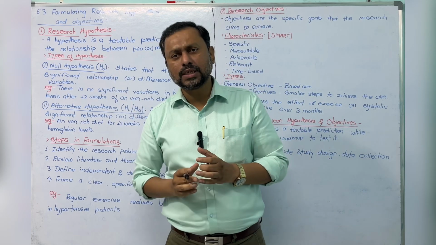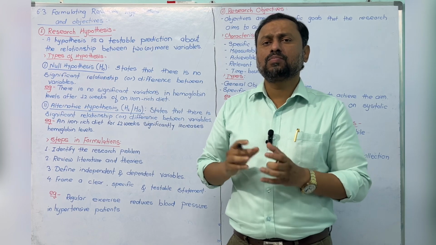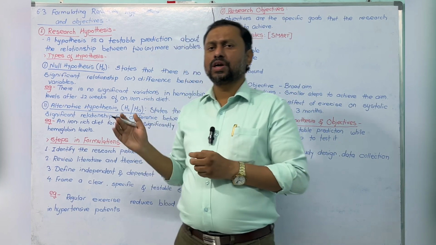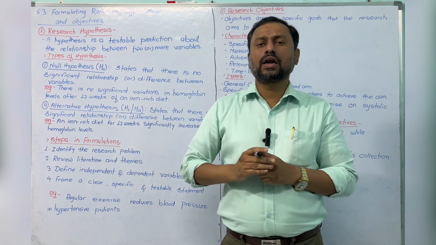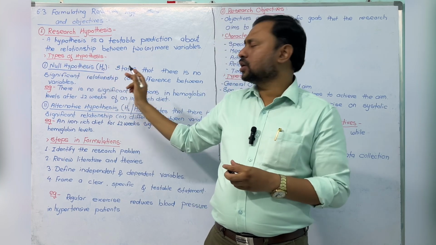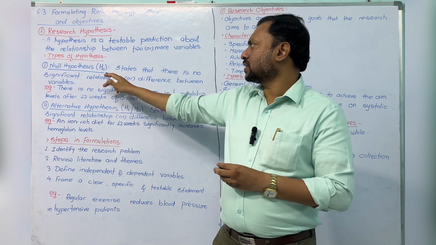Mainly, hypothesis is of two types. There are different types of hypothesis, but from the exam point of view, only two hypotheses are important here. One is the null hypothesis, another one is the alternate hypothesis. The first one is the null hypothesis. In short, we write it as H0.